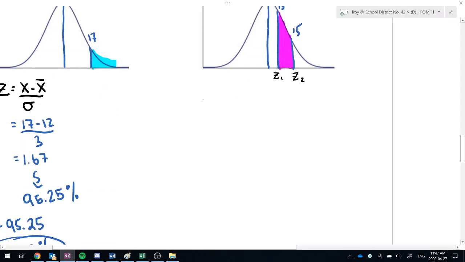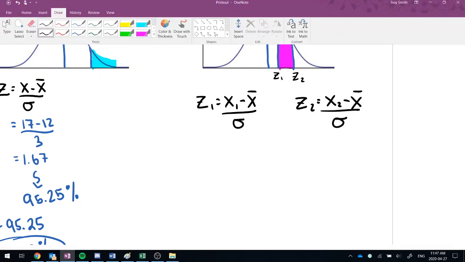So, as always, same old formula. z1 is going to be x1 minus the average divided by the standard deviation, and for z2, of course, it's going to be x2 minus the same mean divided by the same standard deviation.